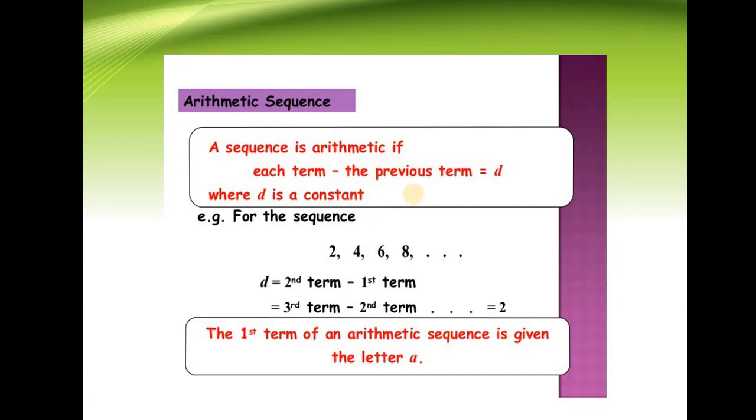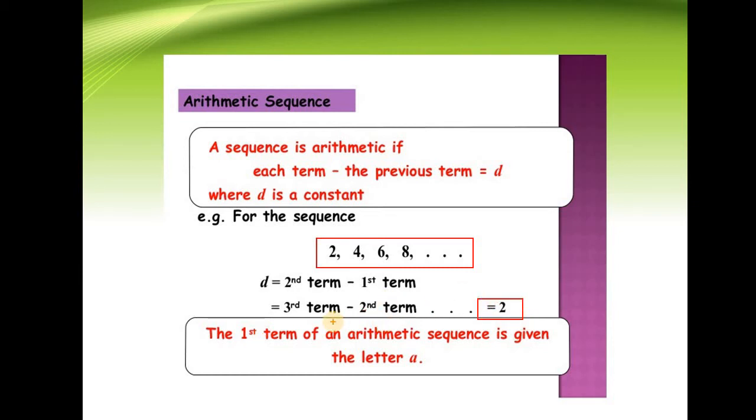For the sequence below, d is the second term minus the first term. The second term is 4, the first term is 2. 4 minus 2 is equal to 2.